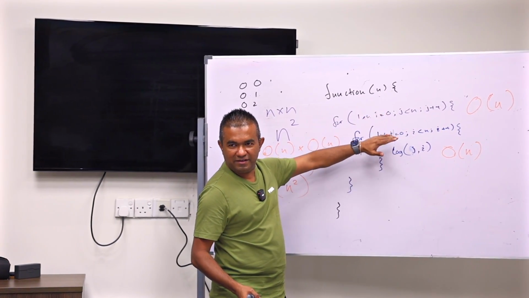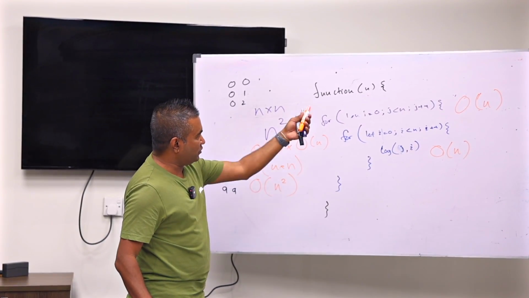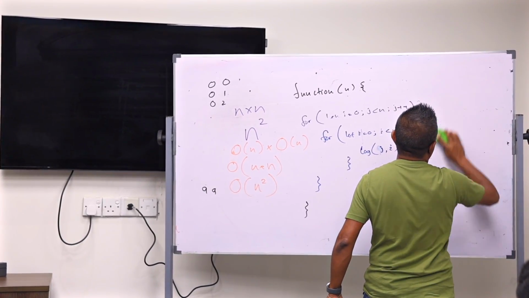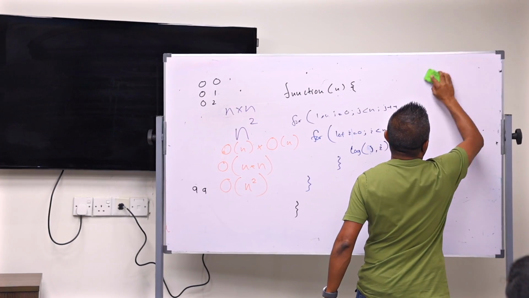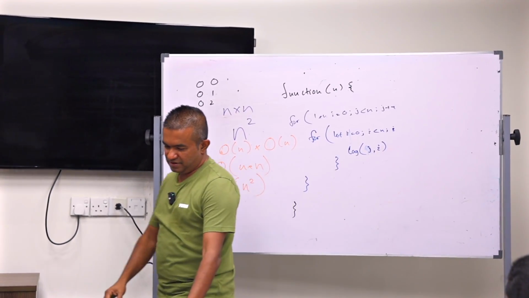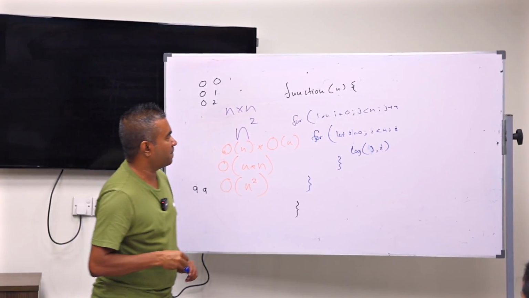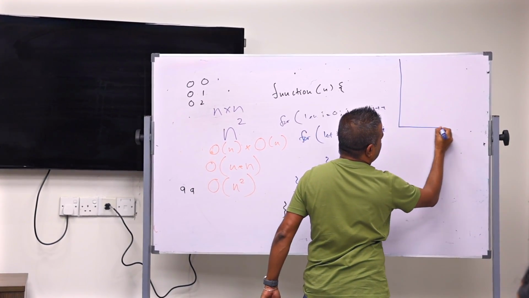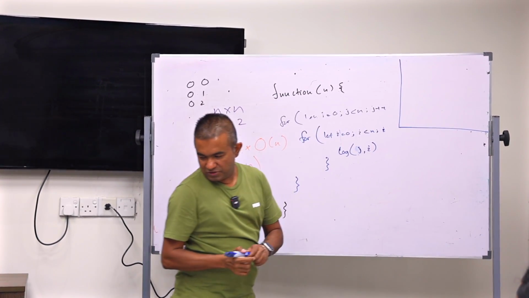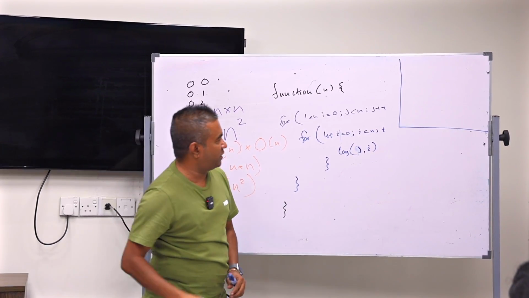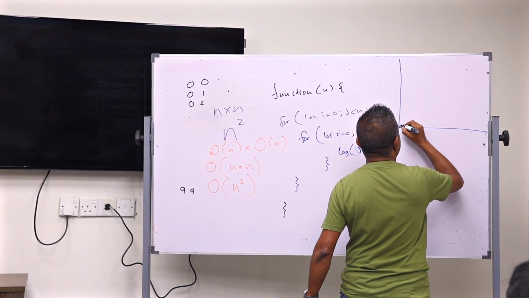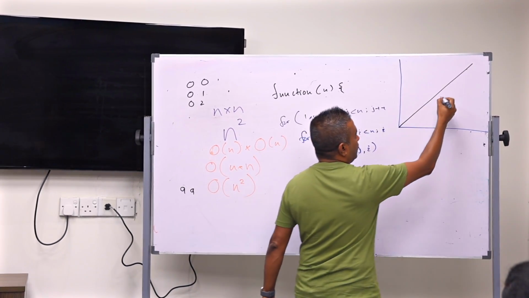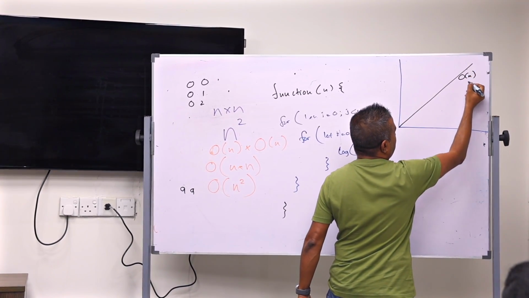Now I am going to reserve this space to draw this chart. Let us graph the previous one again, and we will keep this without erasing. If we graph the previous one, we had it like this, which is O(n).